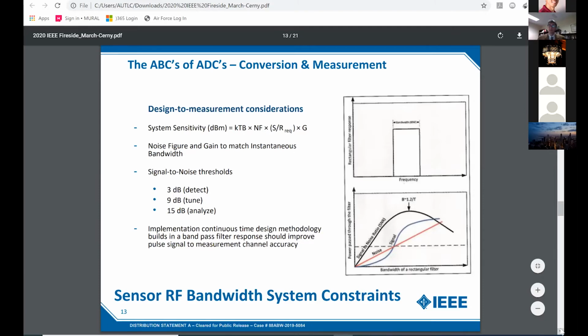But the signal, of course, is not linear, and it eventually rises in power above the noise, and you can consider how much energy or power you need to detect, tune, and then analyze that signal for its properties. The filter allows you to isolate out more noise so that you can actually do more characterization on the signal. And those, of course, allow for tuning.